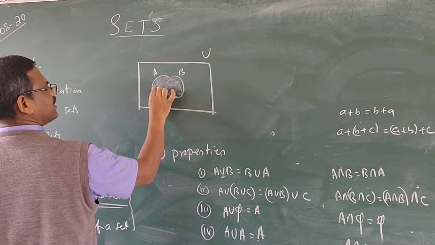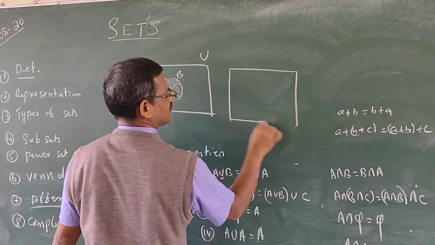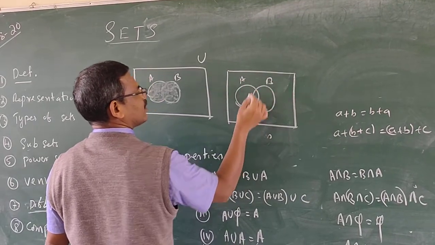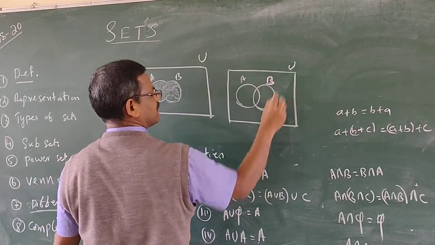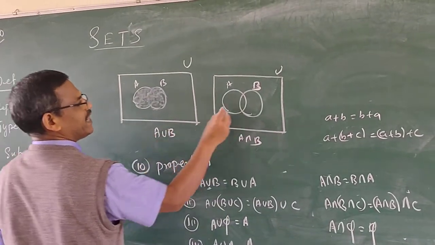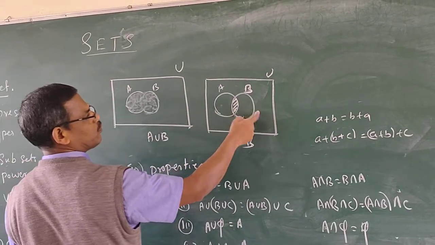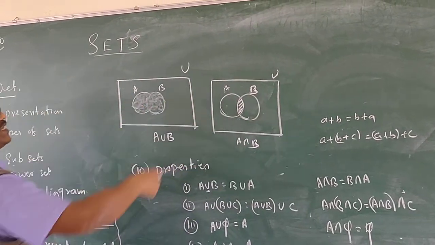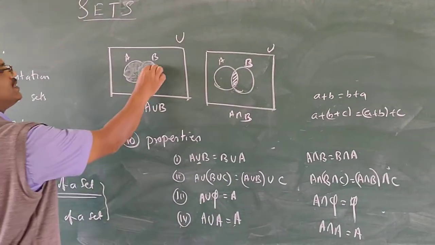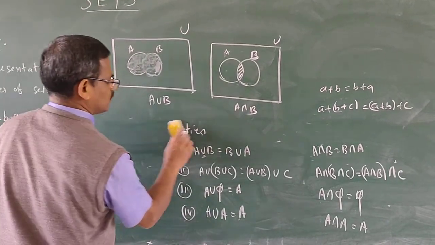This is full, this A union B. And this is A and B. Common A intersection B. This is A union B. A intersection B is this shaded portion. Common portion for A and B. So the things can be made very clear by representing them in the Venn diagram. That is also one of the important uses of the Venn diagram.